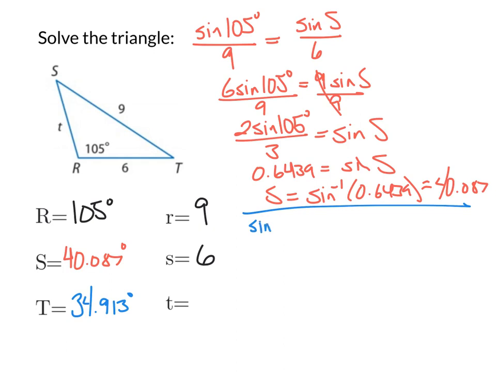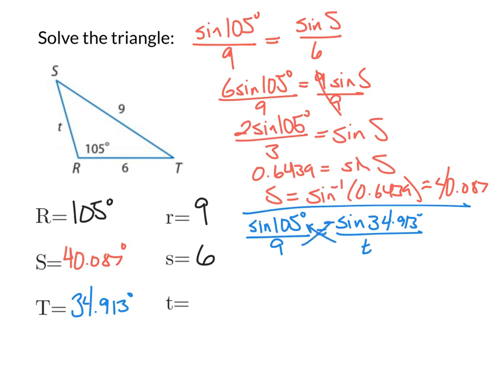So the sine of 105 is to 9, in the same way that the sine of that 34.913 degrees is to side t. All right, not ideal to be using a number that's rounded off so much, but that's why we'll go 3 decimal places to cut down on that round off error.